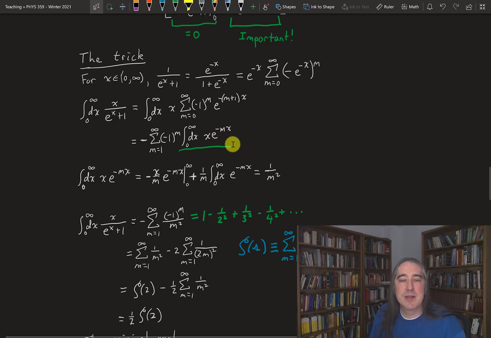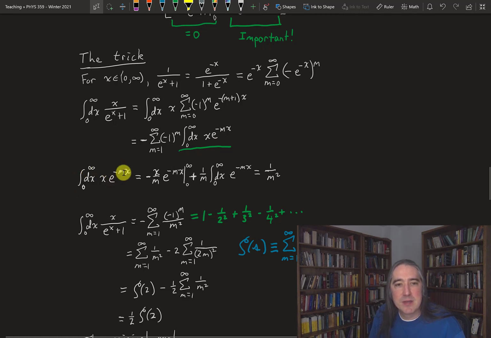Because we can integrate e to the x for the rest of the year, right? Always going to get an e to the x back. So if this was x to the 400, right? We're going to have to integrate by parts a number of times, but eventually we're going to knock that x to the 400 down to just a 1. This will still be e to the x, and we can do the integral. Thankfully, it's not x to the 400, so this will go quickly, right?